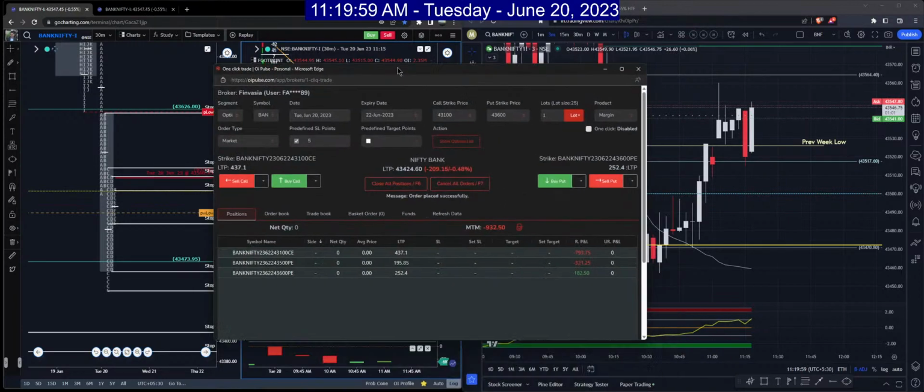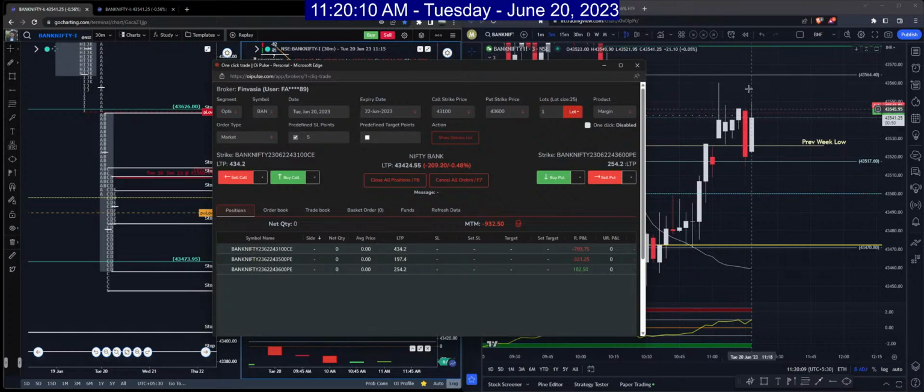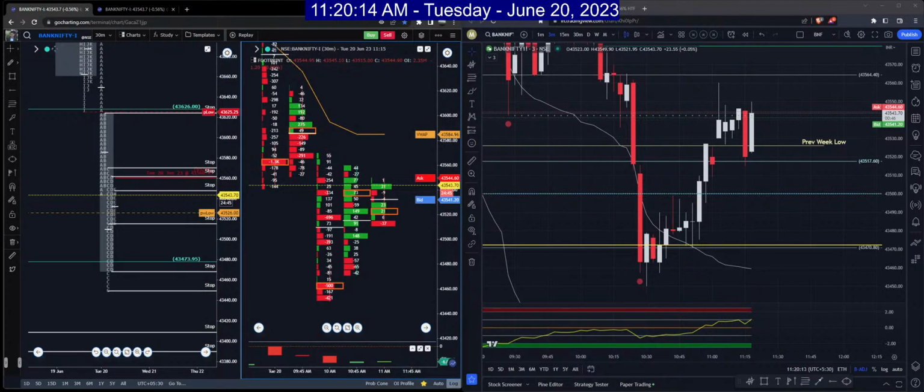Yep, even the call trade. So I took 2 quick trades, 441, 1119, and in the next 2 seconds it got hit. In the next 10 seconds it got hit. Okay, so supply is still intact and I have lost about 1K.